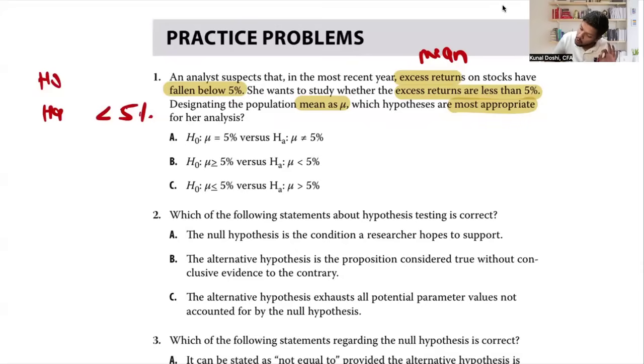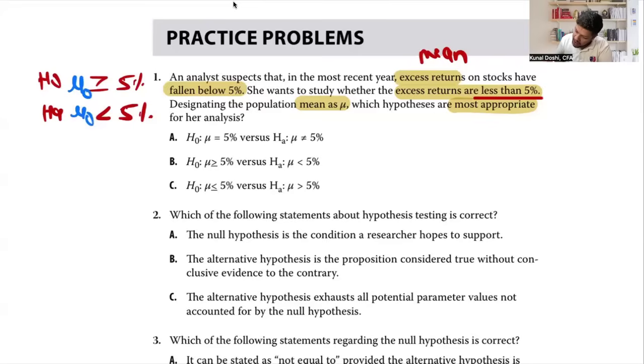But here they have said only less than 5. So it's an alternate statement. So the null statement will be greater than or equal to 5. Remember, this will be the situation. Why? Because the null always has the equal to sign. The equal to sign is never with the alternate. Everyone understands this? Correct?